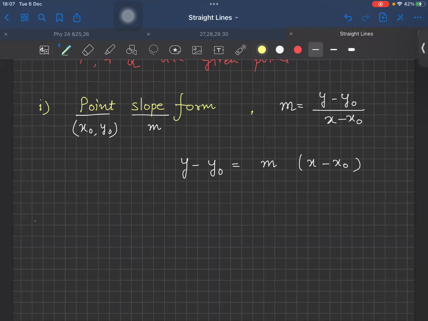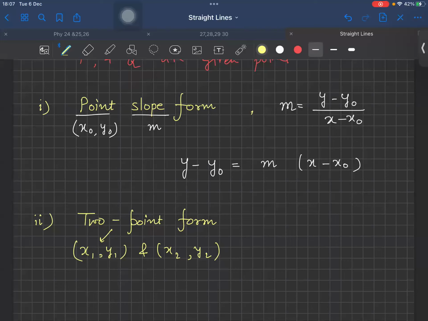Another one we studied was 2-point form. That means two points are given, let's say x1, y1 and x2, y2. Any point on the xy plane can be defined by x comma y.